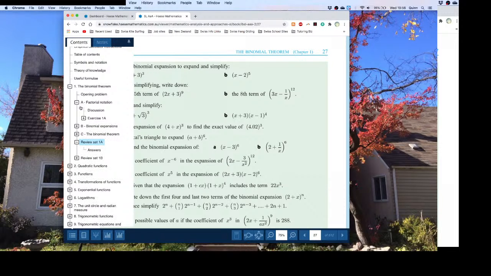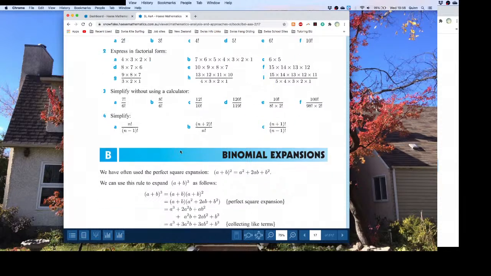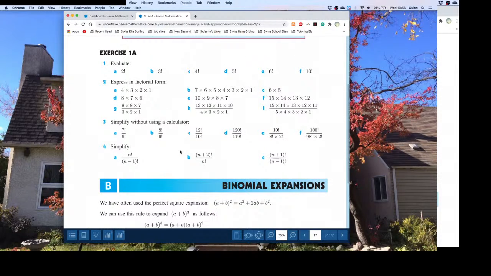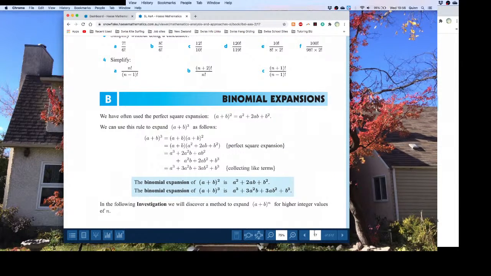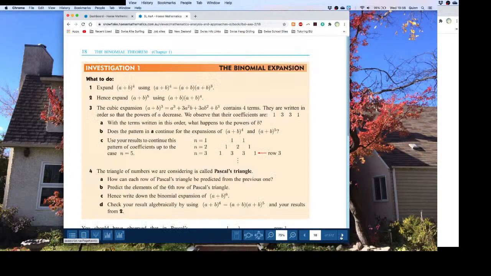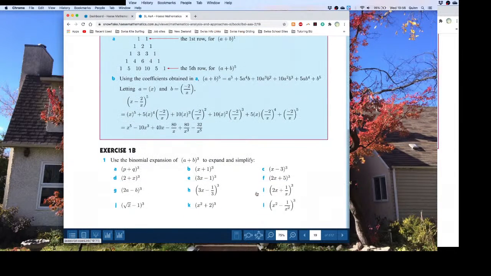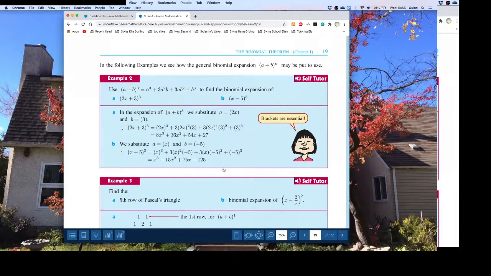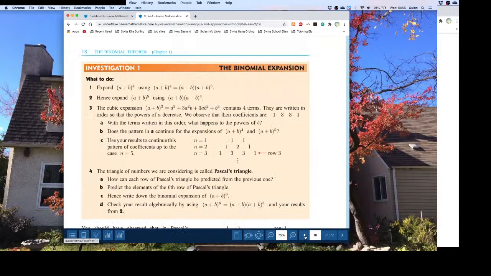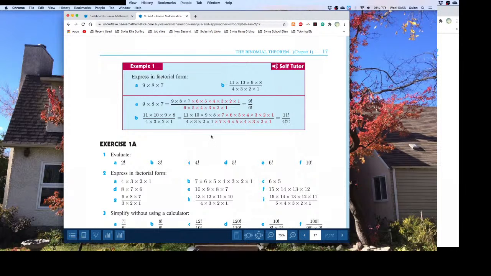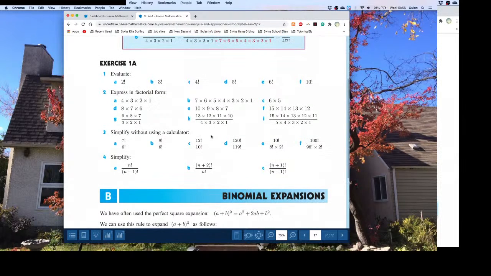So question, exercise. So I'm looking for exercise 1A, question 8. Do you know what page it's on, just so that we know? Here's exercise 1A, or is it in the review set, Kelia?